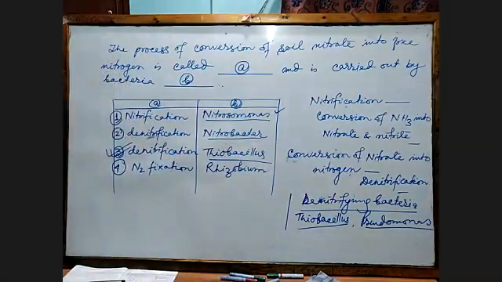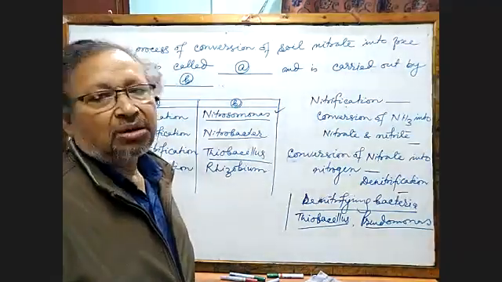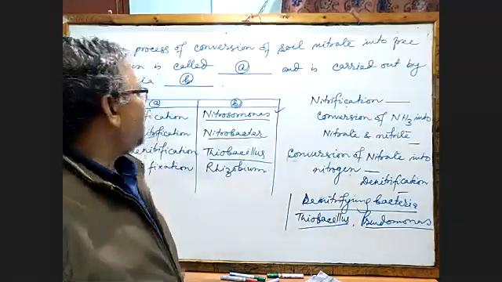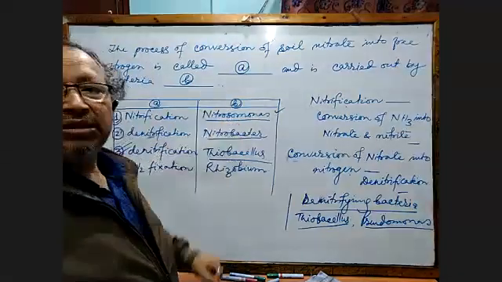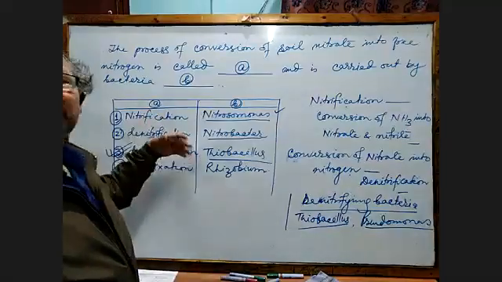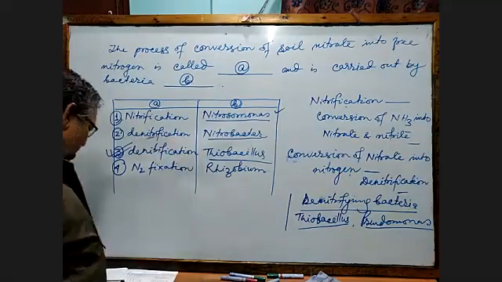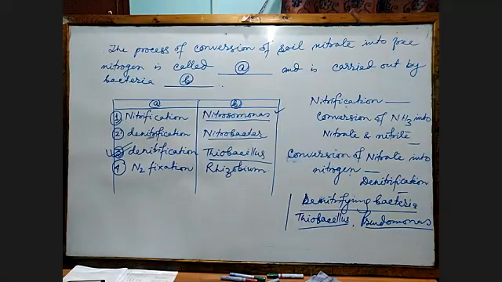Nitrosomonas converts the ammonia into nitrite, and nitrobacter converts this nitrite into nitrate. So this process is nitrification.